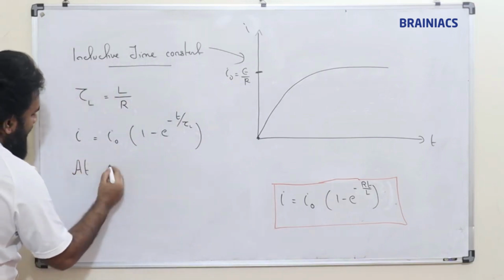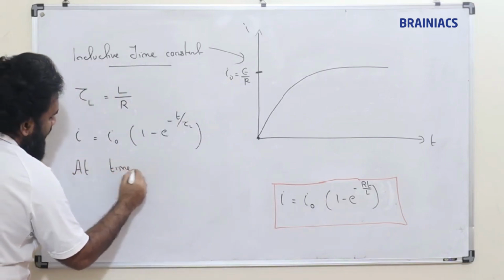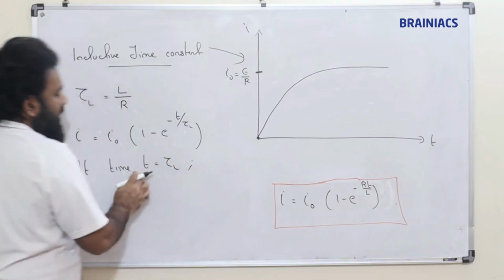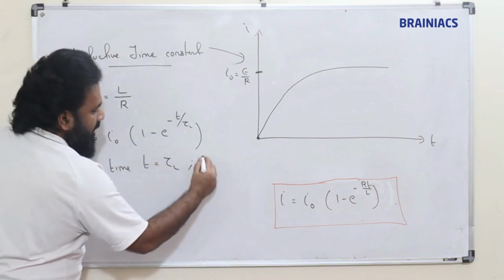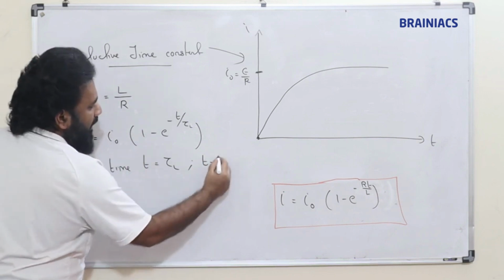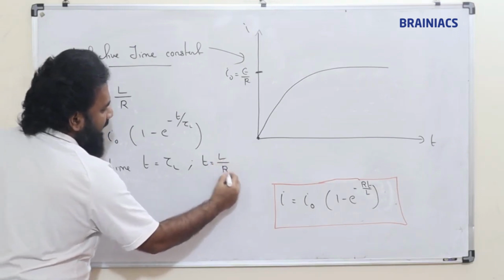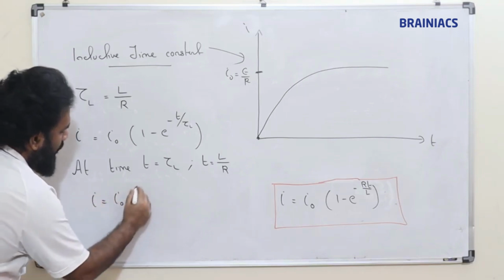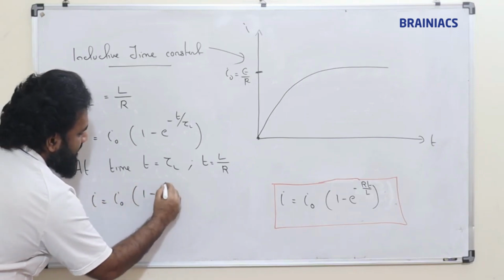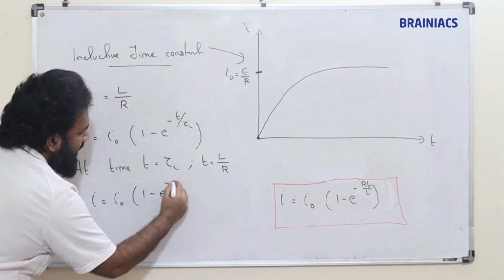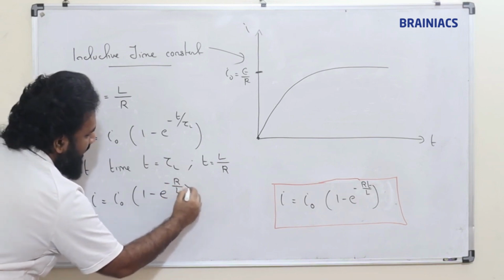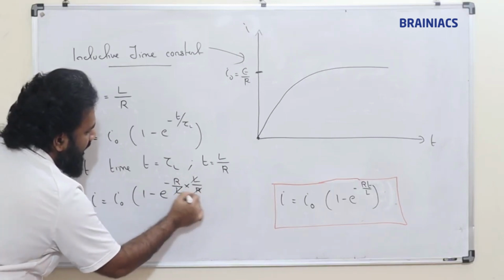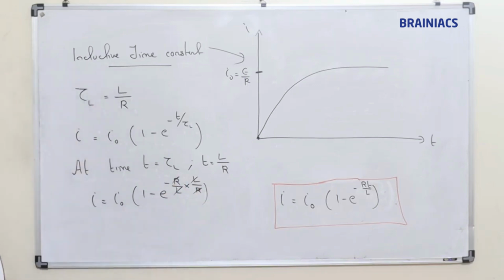At time t is equal to tau L, that is, when time becomes the inductive time constant, or we can say when time is equal to L by R, I is equal to I naught into 1 minus e raised to minus R by L into time, which is L by R. The L and R cancel off.